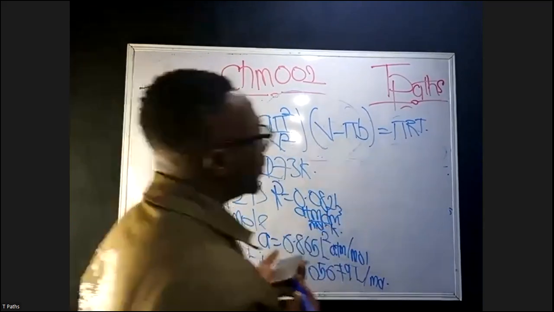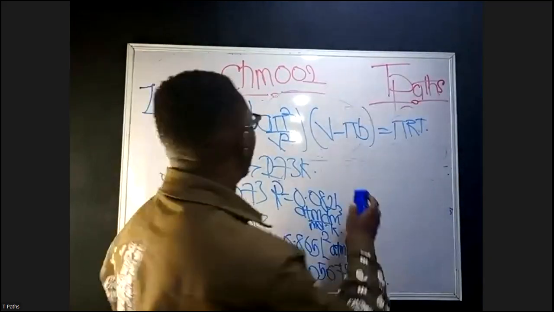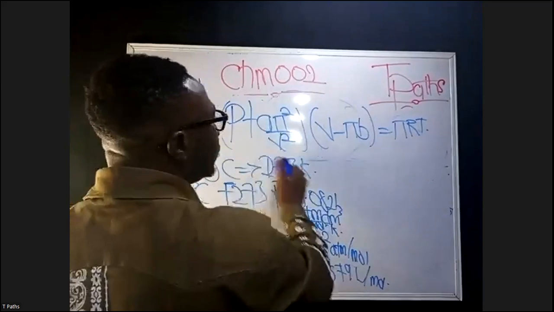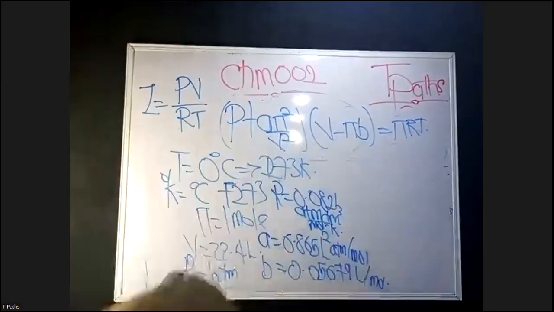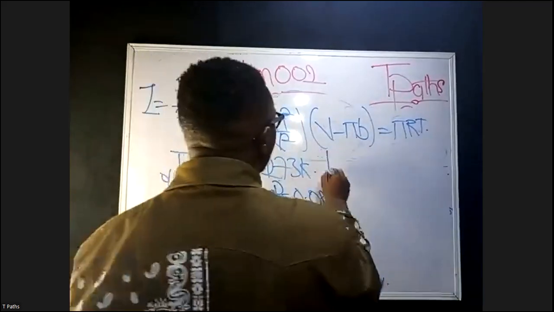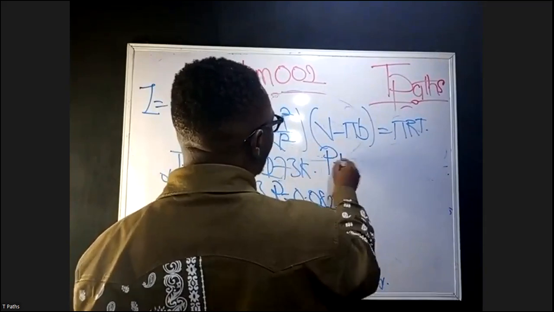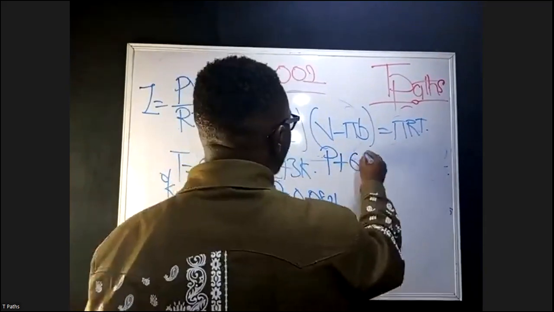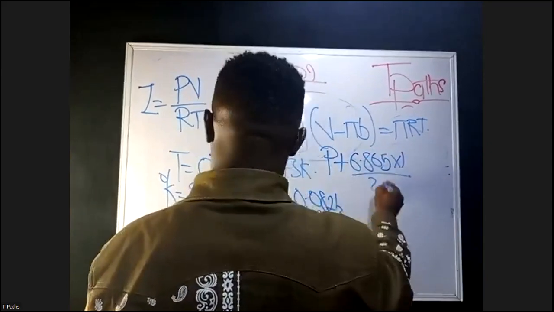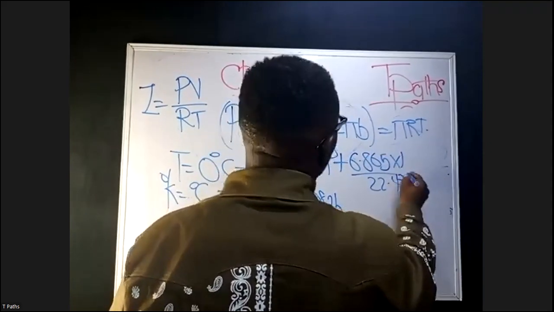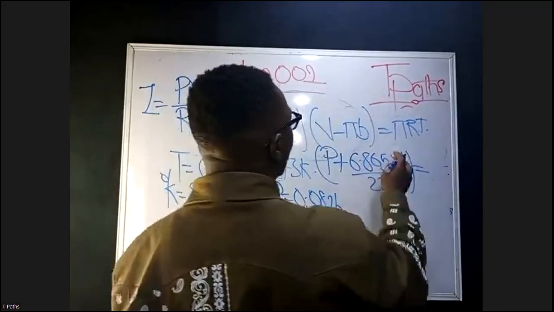Now what can we do? Pressure is the unknown. So P plus a n squared over V squared: 6.865 times N, which is 1, over volume 22.4, all squared, is equal to nRT over V minus nb.